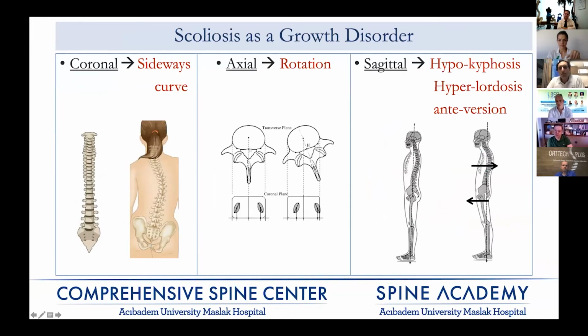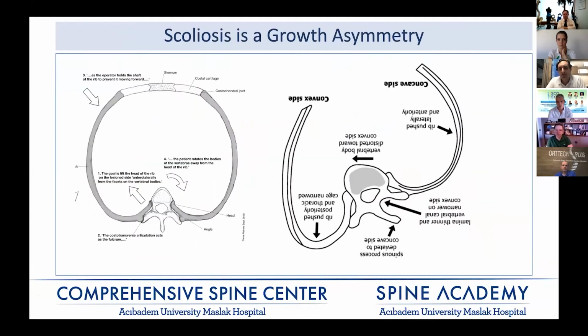So if we go back to the three slides that we had in the coronal, axial, and sagittal planes, if we were shown, like in this red example, exactly the same anatomy but in a different position, then we could call scoliosis a postural disorder. But actually the truth is, when scoliosis is happening, it changes the anatomy, it changes the shape.